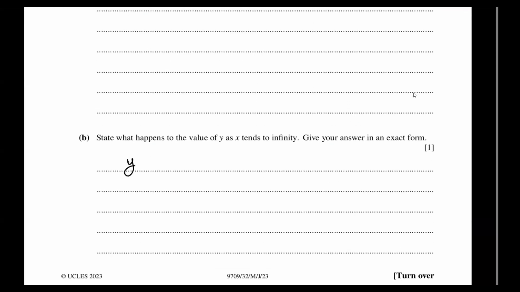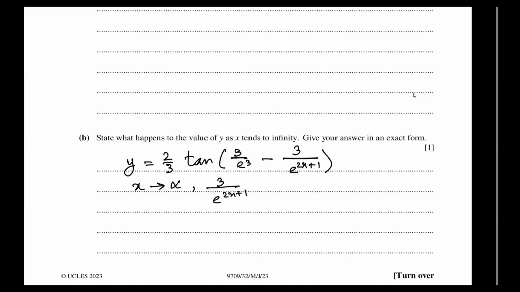y is 2 by 3 tan of p by e cube minus p by e to the power 2x plus 1. As x tends to infinity, what happens? p by e to the power twice x plus 1 tends to 0.